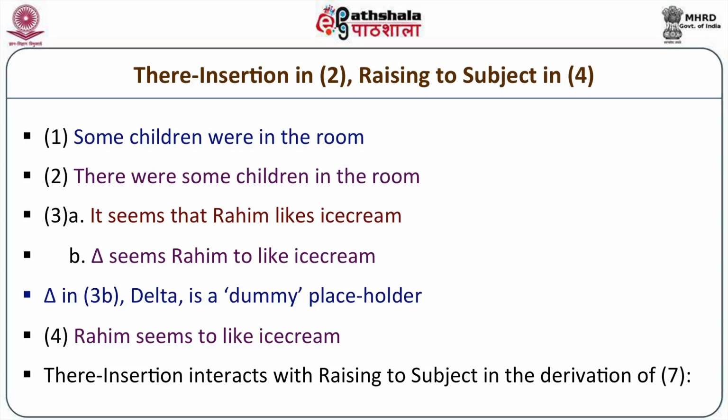Why? In that sentence, it is clear that the clause "Rahim likes ice cream" is under discussion, and that you're being told that this is the impression one gets. It seems, that is to say, we get the impression that Rahim likes ice cream. That is really the meaning of the sentence.